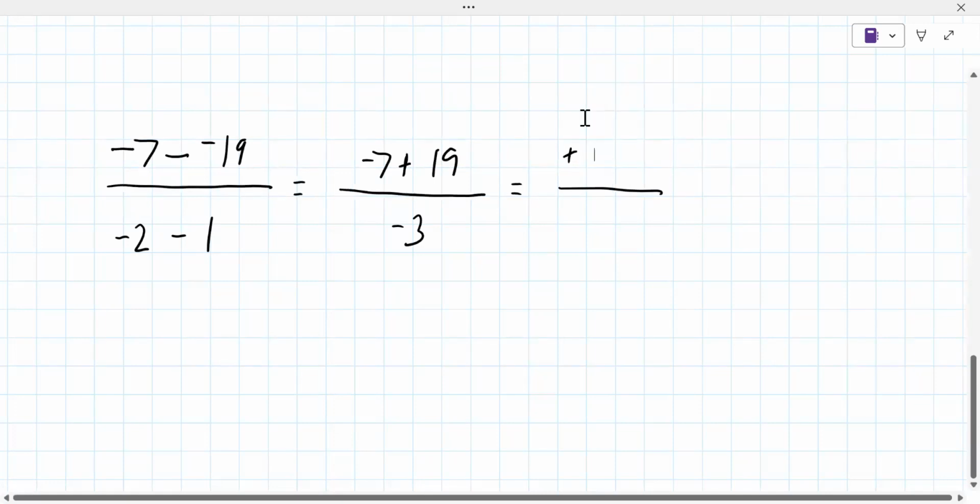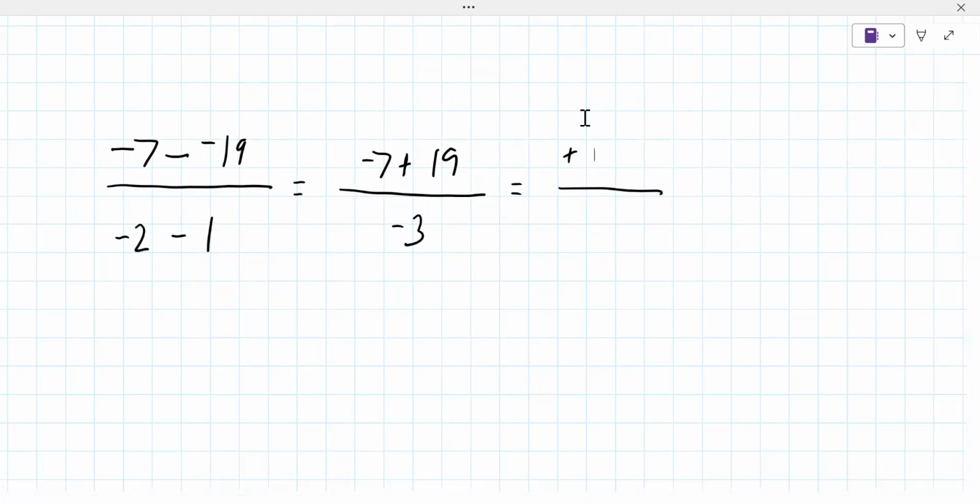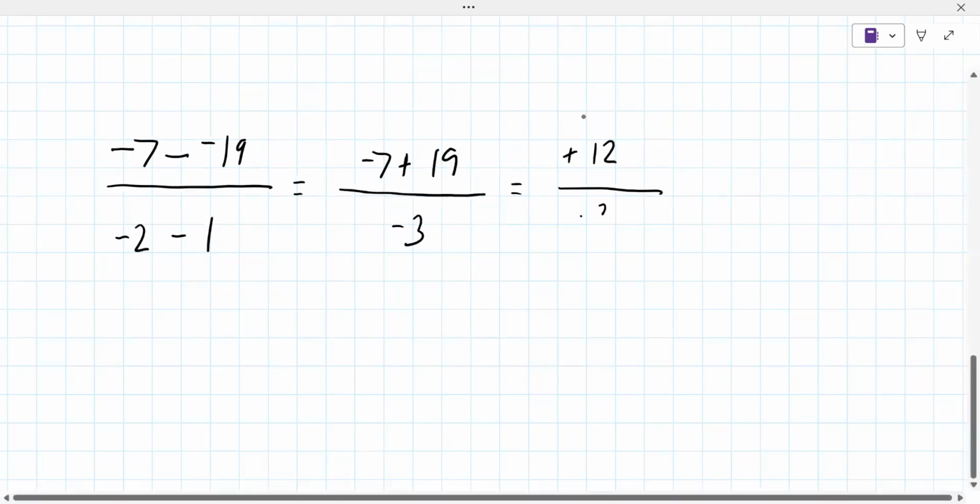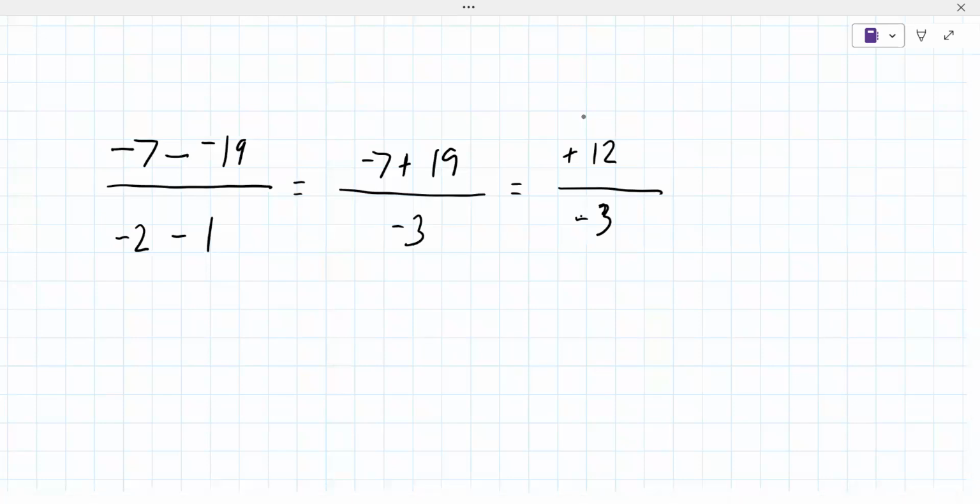So 19 minus 7 is 12. Okay, over -3. So what does that become? It becomes a negative. Okay, so negative what? What is 12 divided by 3? Yes, sorry. 4. Good.